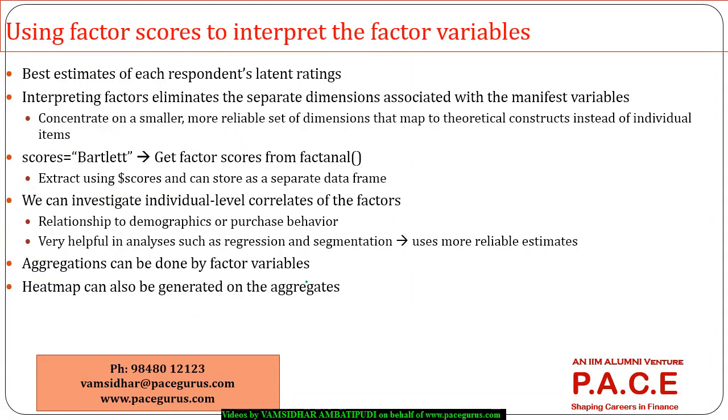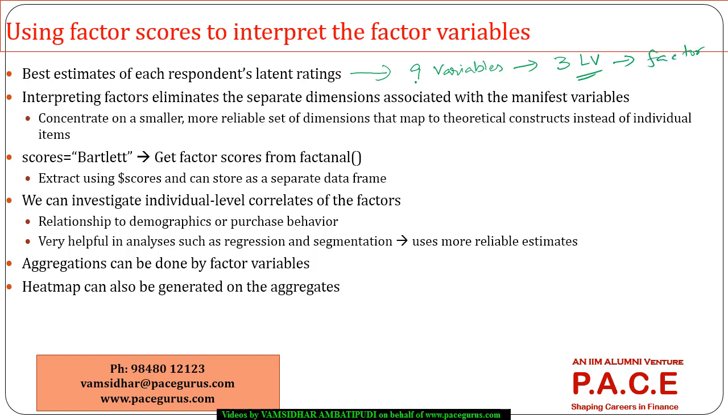Now I want to use the factor scores to interpret the data, right? In this example, different customers have given different kinds of ratings to different brands. When they have given different ratings on those 9 variables, I have some scores computed based on those three latent variables or factors.